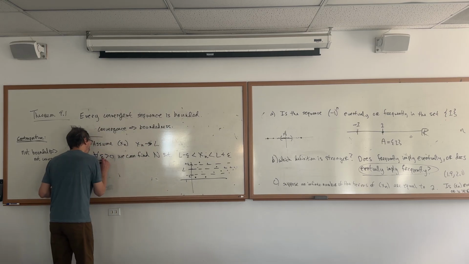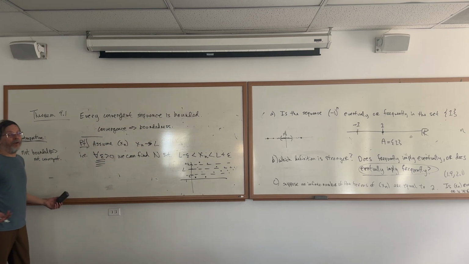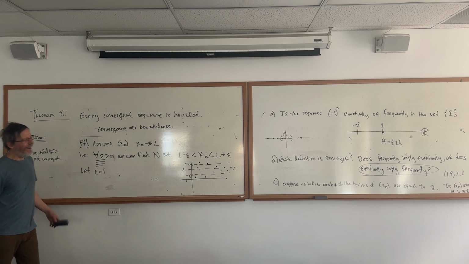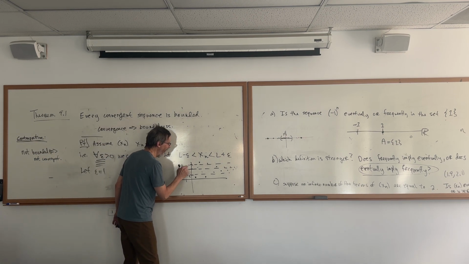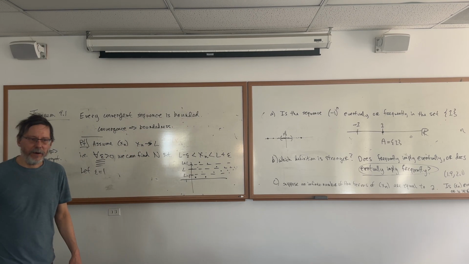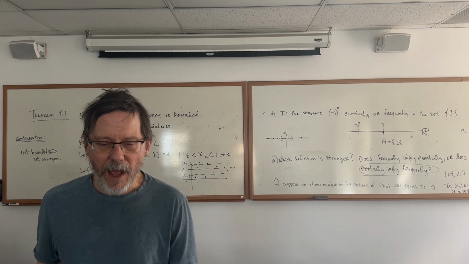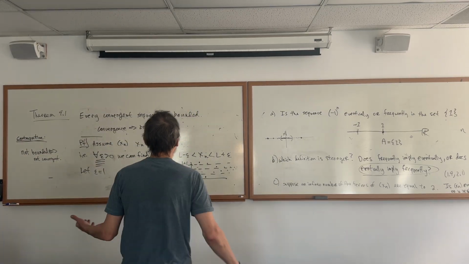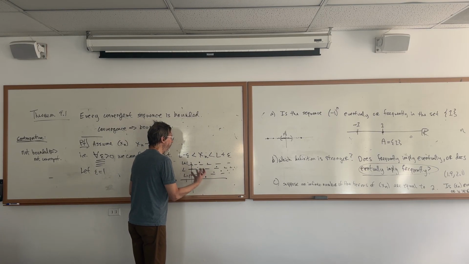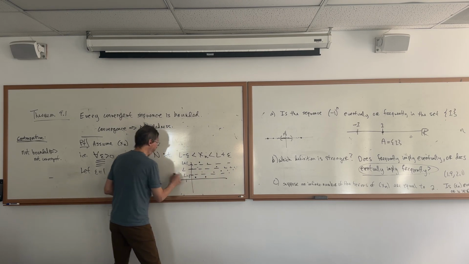So notice we have for all epsilon here. So what we're going to do is pick a specific epsilon. So let's let epsilon be 1. Now our picture looks like this. Here's L plus 1. Here's L minus 1. So looking at this picture, how would you figure out the largest magnitude that any of the x sub n's can be?